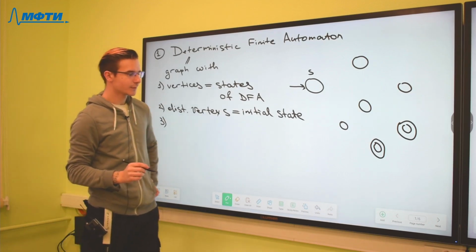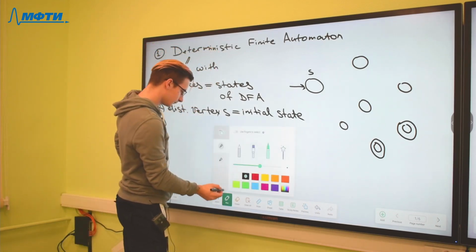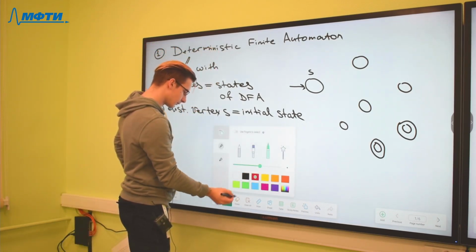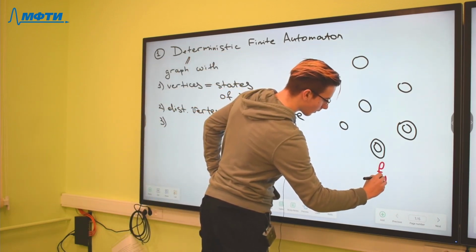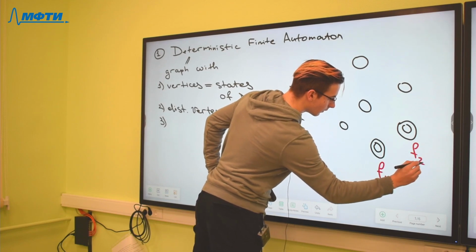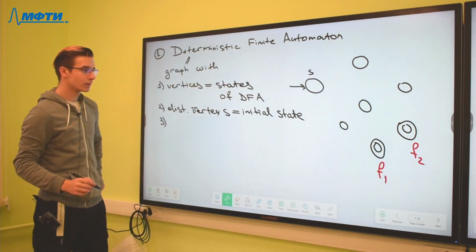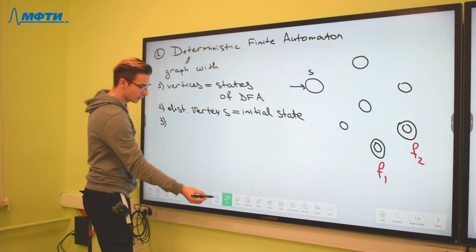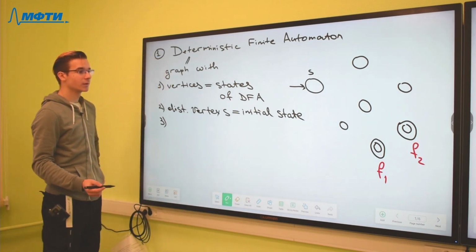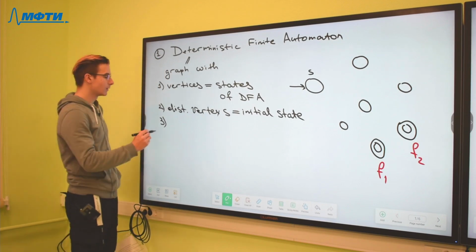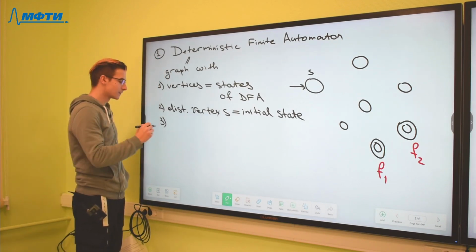We have some vertices, as here, that we can mark with the double circles, and we say that they are the final states of our automaton.